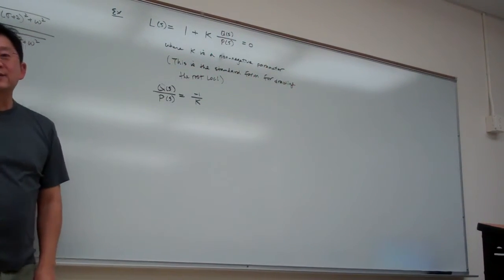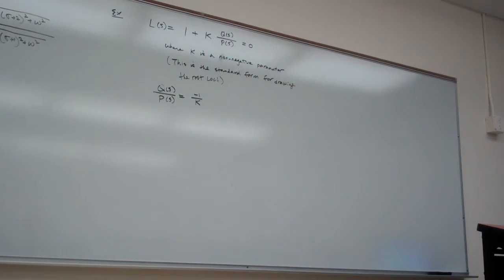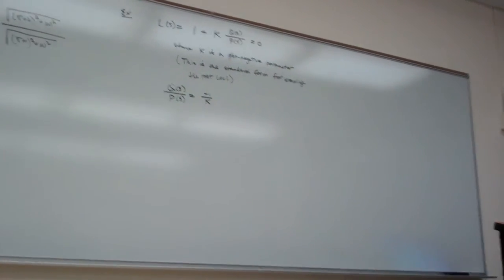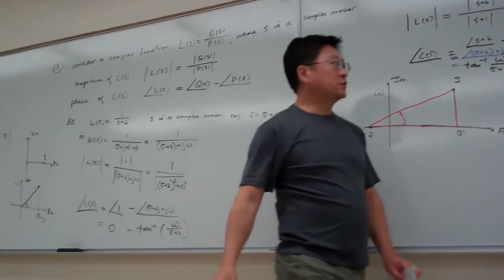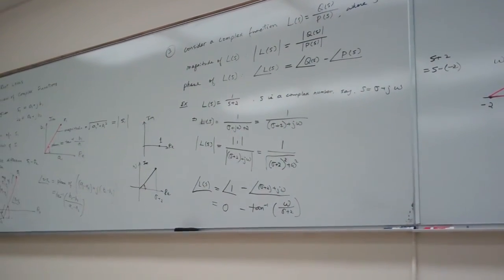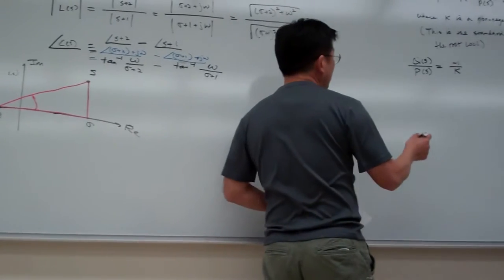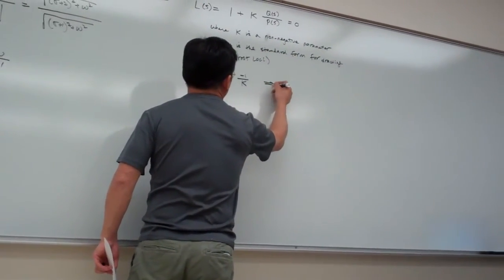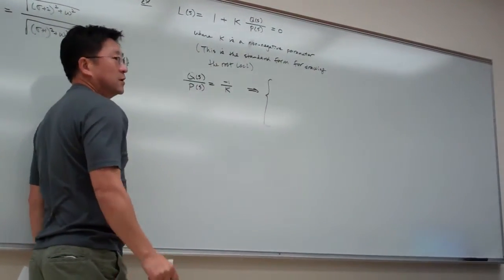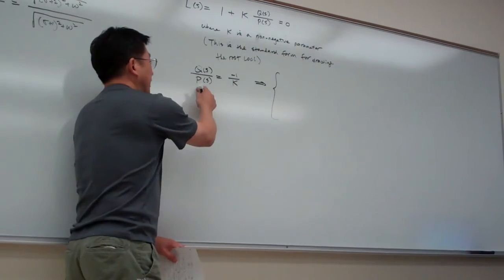We see what happens. Again, we still take up the two rules, the phase angle and the magnitude. So here, to satisfy these equations, we must have this: again, the magnitude on both sides must be equal.